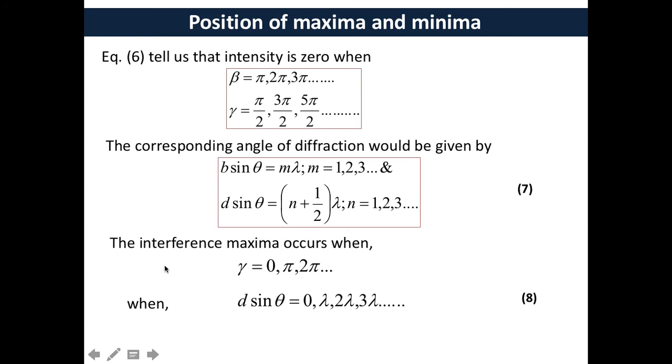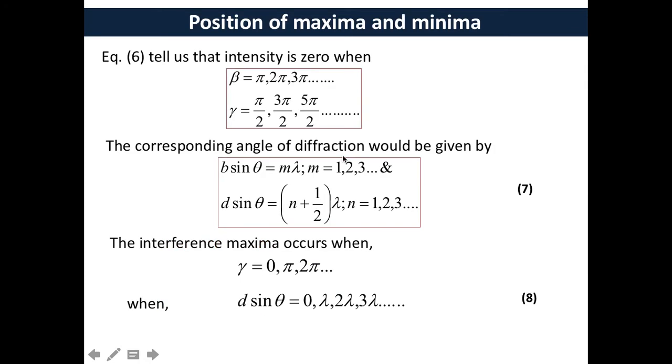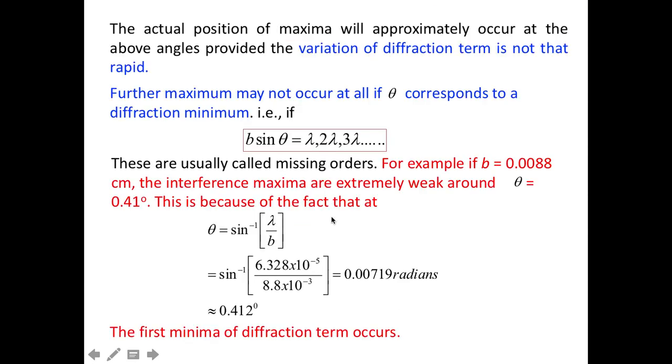But if you talk regarding the interference maxima, when do they occur? When gamma is 0, pi, 2 pi, maxima will occur. Or you can also say that when d sine theta is 0, lambda, 2 lambda, 3 lambda, at that time interference maxima will occur.